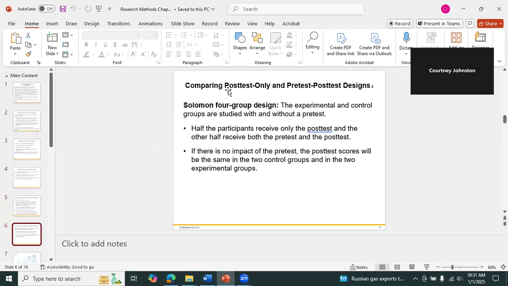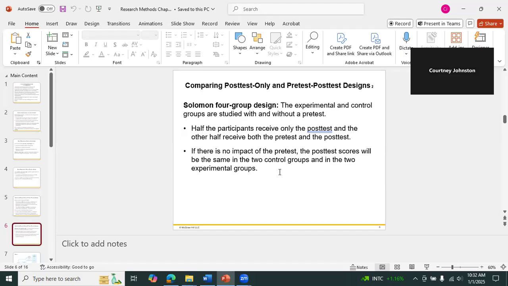Okay, so again, now we have the Solomon four group design. This is where the experimental and control groups are studied with and without a pretest. So half of the participants are going to receive only the post-test, and the other half are going to receive both the pretest and post-test. And so if there's no impact of the pretest, the post-test scores will be the same in the two control groups and in the two experimental groups.